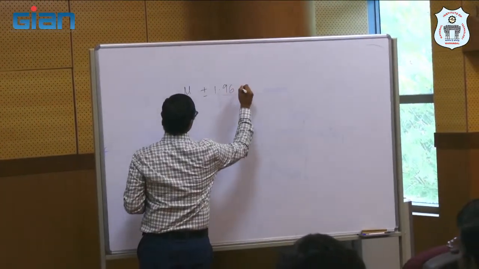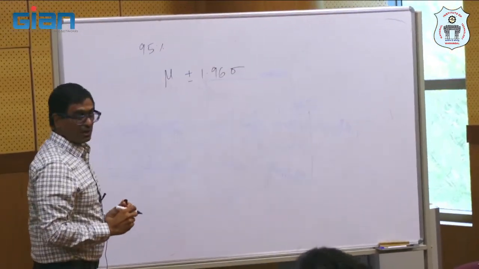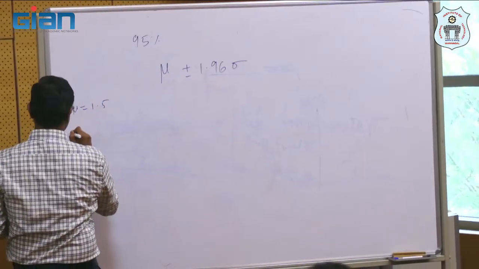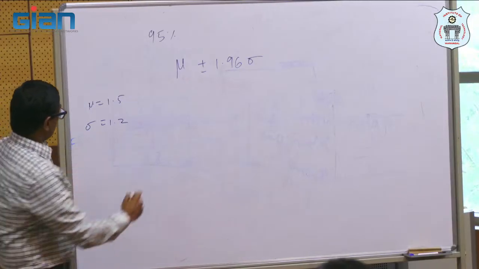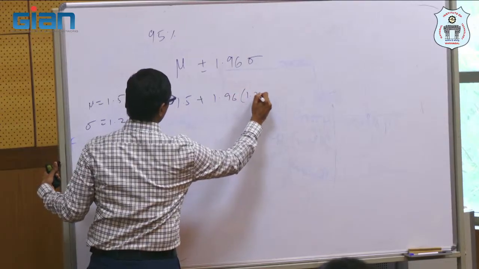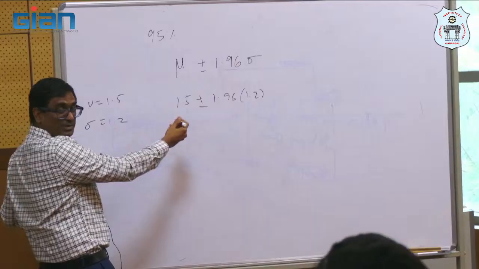If you're doing a 95% confidence level, we're doing this. So if your mu, let's say, is 1.5 and sigma is 1.2. When I do 1.5 plus or minus 1.96 times 1.2, the minus will take it to a negative value. It is roughly 2.